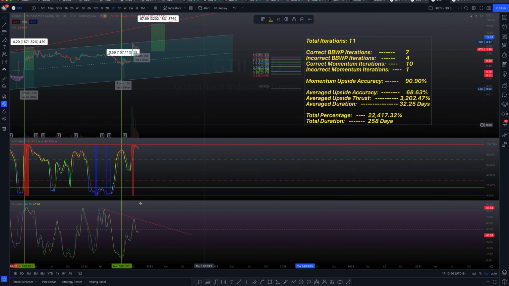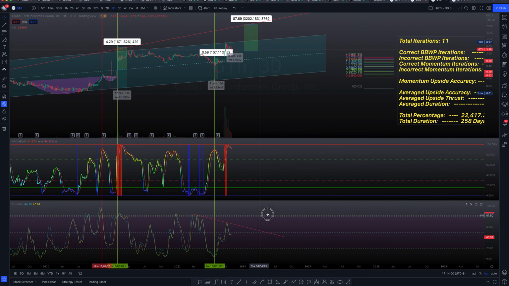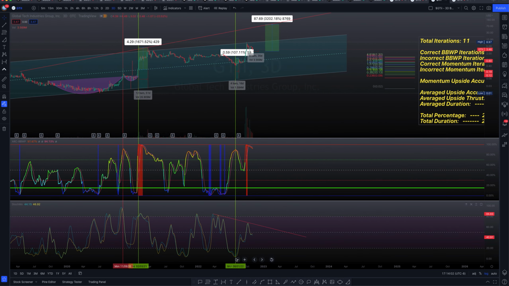And one more thing, for the momentum oscillator, I have also back tested for GTii how many times it has guessed the direction. And I said that again, direction. Sorry, guys. Yeah, so I've also taken the metrics for the guesses to the upside from the momentum oscillator, you guys.